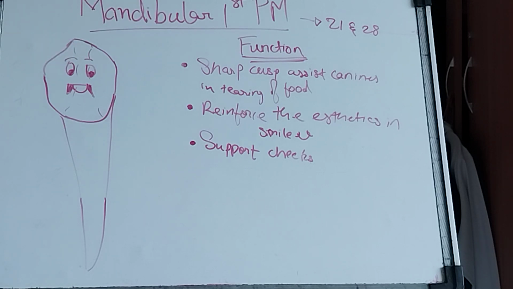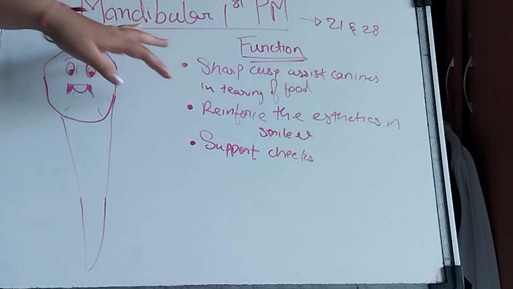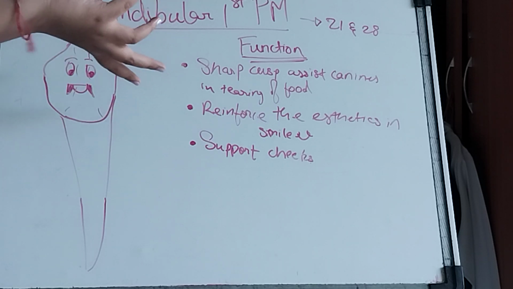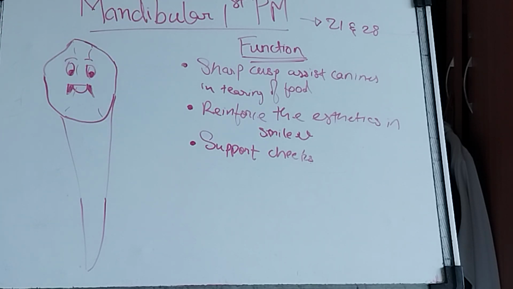Because the first premolars have sharp cusps, while the second premolars, whether maxilla or mandible, do not have such sharp cusps. They are more similar to the molars, and that's why they assist the molars in their functions, that's grinding, etc. I will tell you that in the upcoming videos.